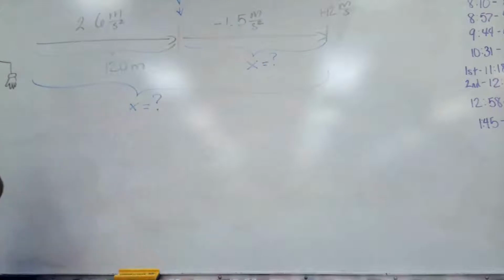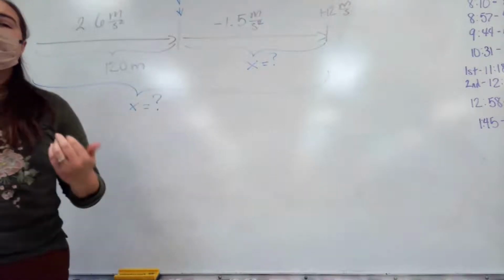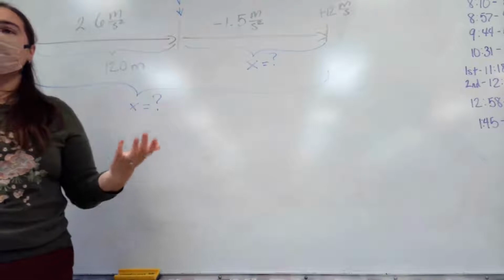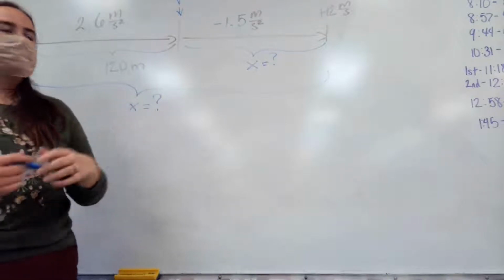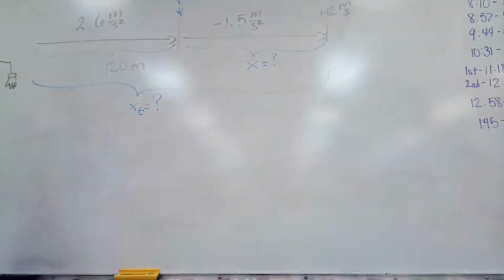My choice of variables is not the greatest here because we have x and x. A lot of times physicists put a little subscript to differentiate, since they're both distances. So x sub t is generally our total distance. Any questions on that?